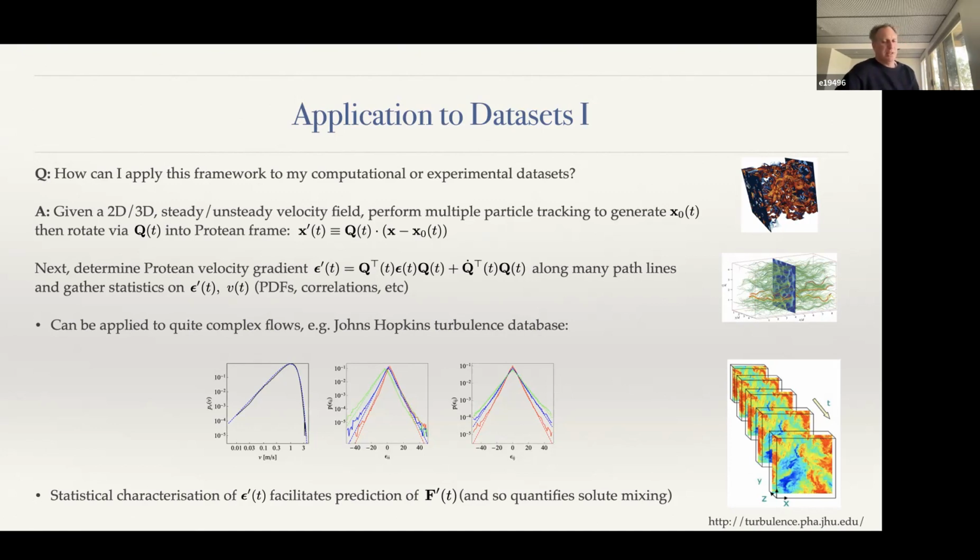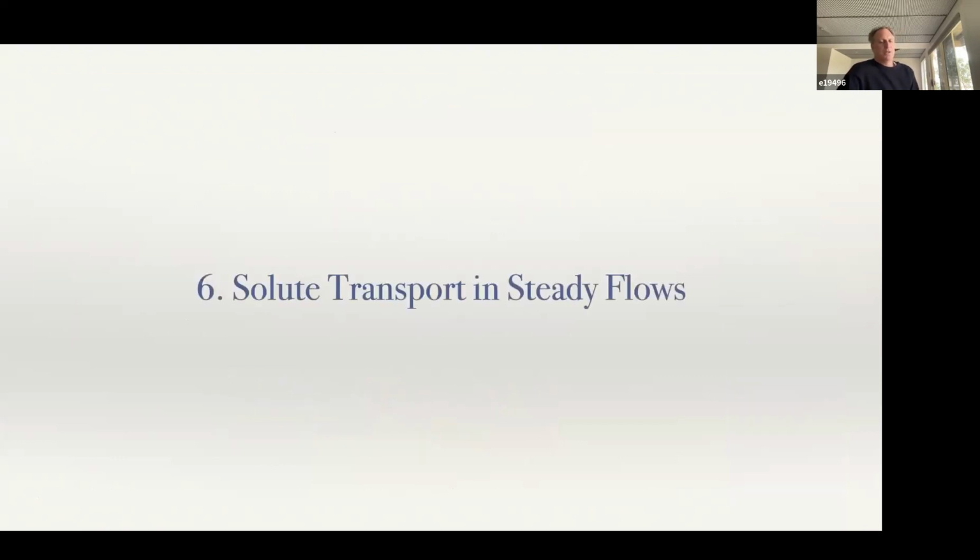In principle, that's enough to start building stochastic models for the evolution of the deformation tensor. So essentially, statistical characterization of this velocity gradient tensor in this frame allows us to predict the deformation tensor and thus quantify solute mixing. So let's look at application to this frame.